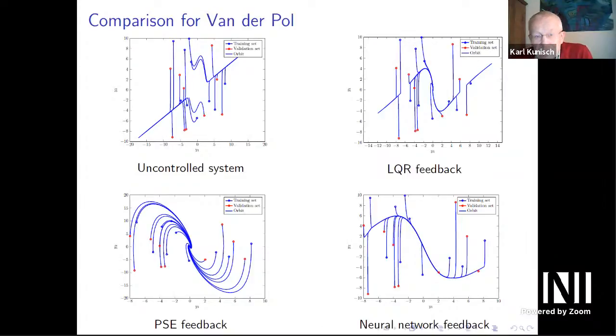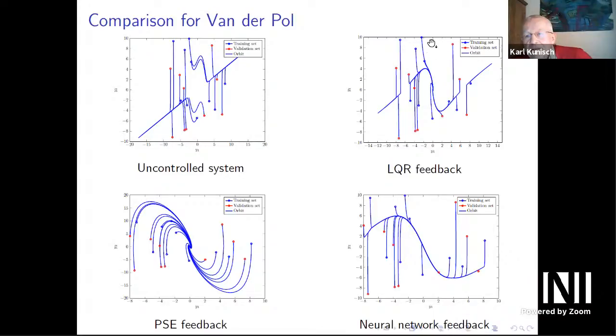The first thing we see is that for different initial conditions, in blue and red, which at the moment do not yet have the meaning of training and validation, the orbits go along until they find a manifold where they escape. Another one, and they escape. No control. Now let's do a linear quadratic regulator feedback.